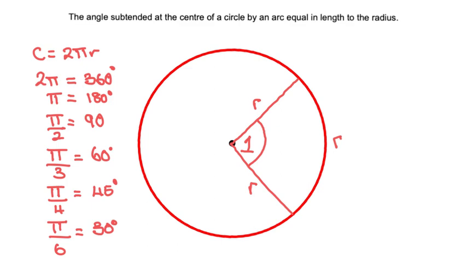You need to be able to convert from radians to degrees and from degrees to radians. So we know that pi radians is equal to 180 degrees.